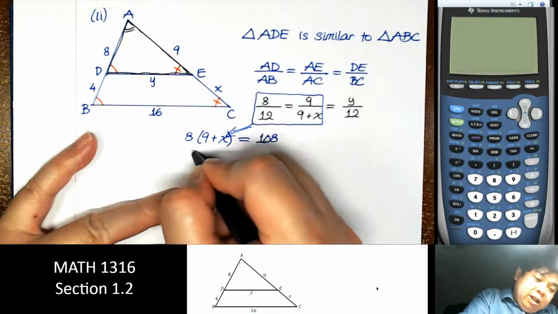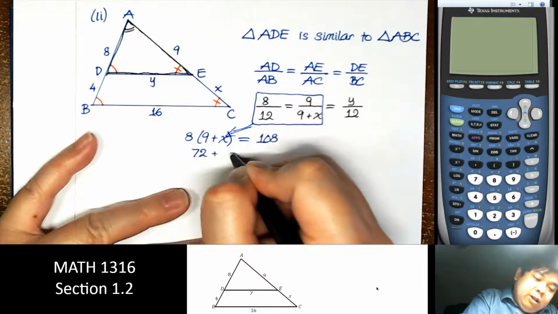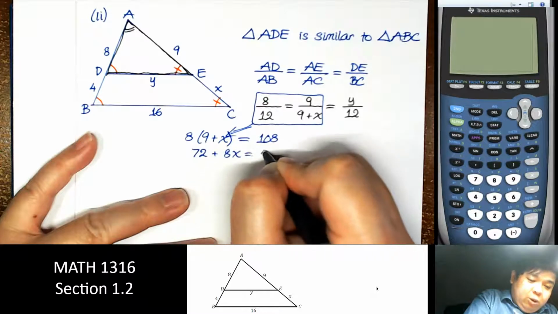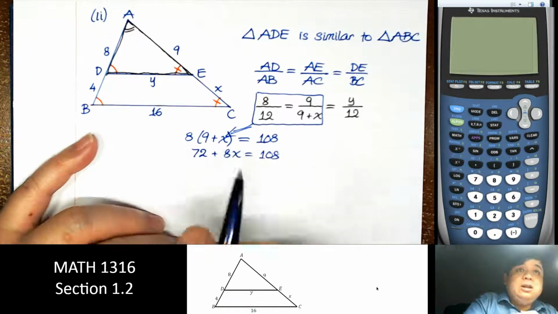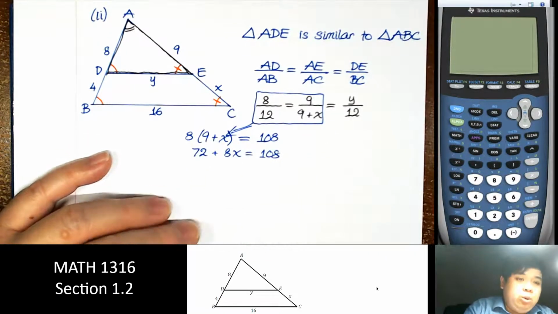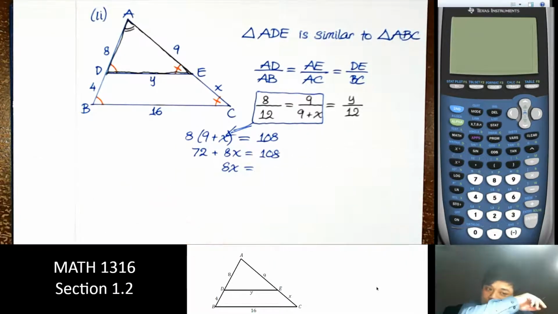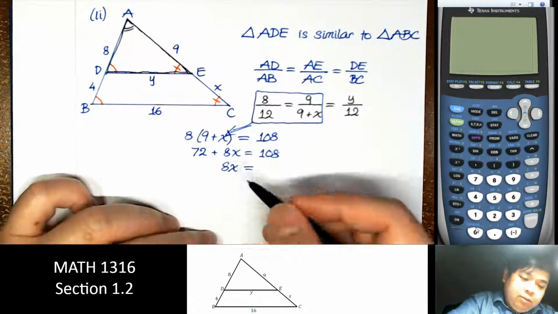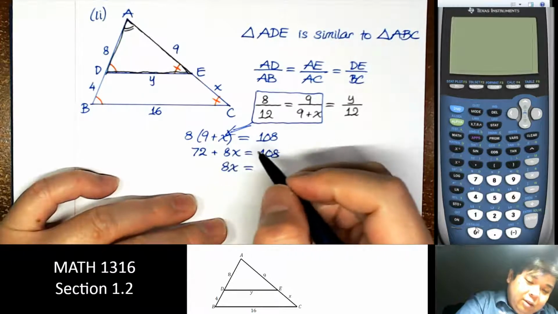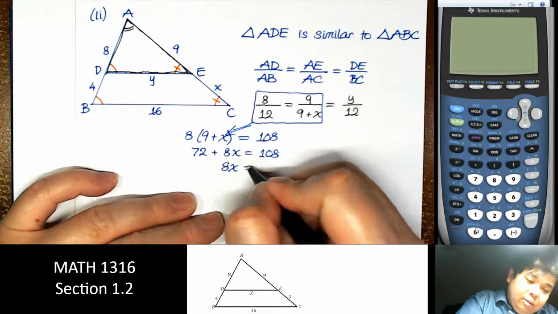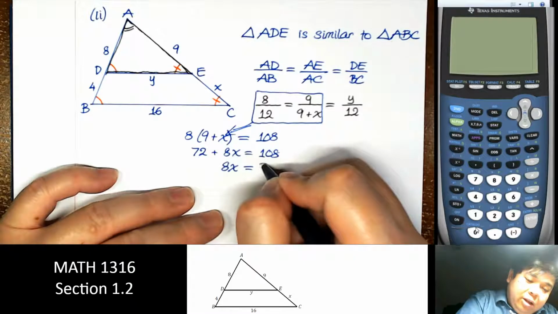Multiply them out, 72 plus 8x equal to 108. Subtracting 72, so 8x will be 36.